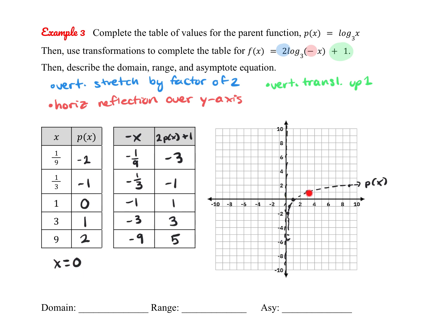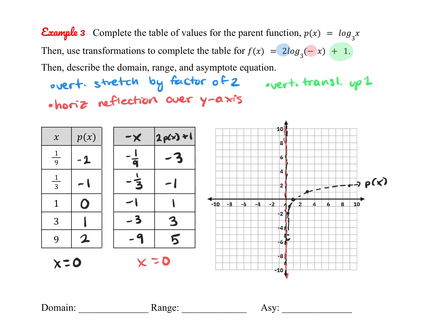Now, if you think about what type of things could affect a vertical asymptote, it's going to be a horizontal translation. So you're going to take whatever rules you have for your x values, you can apply them to your asymptote equation, but if you multiply this by -1, that reflection is not going to move your asymptote. So our asymptote is going to remain at x equals 0.